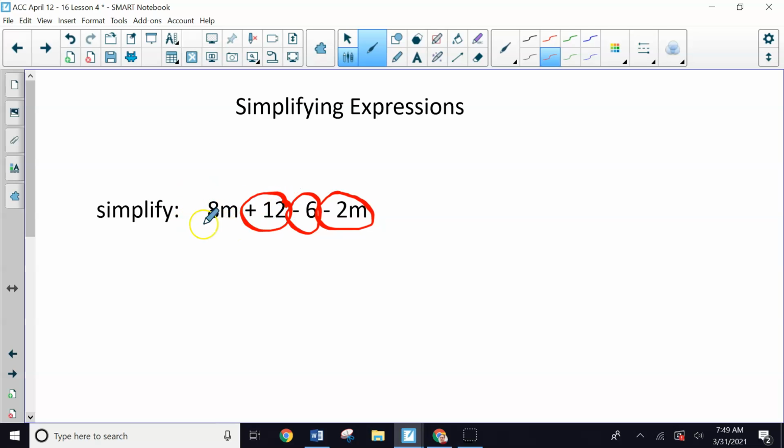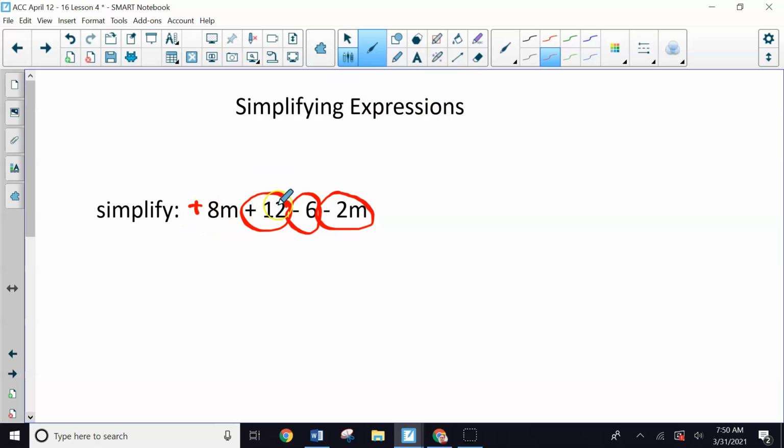The 8m is a positive number at the beginning, so we just keep it a positive 8. It's invisible, we don't have to see it, but that is a plus 8m. Each term has a sign at the beginning of it.